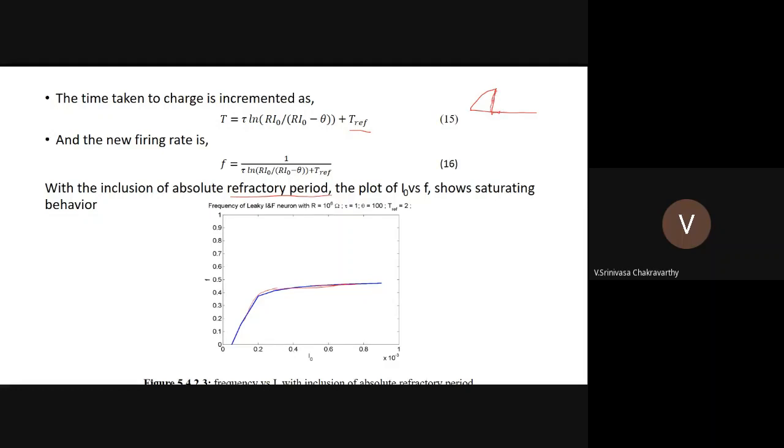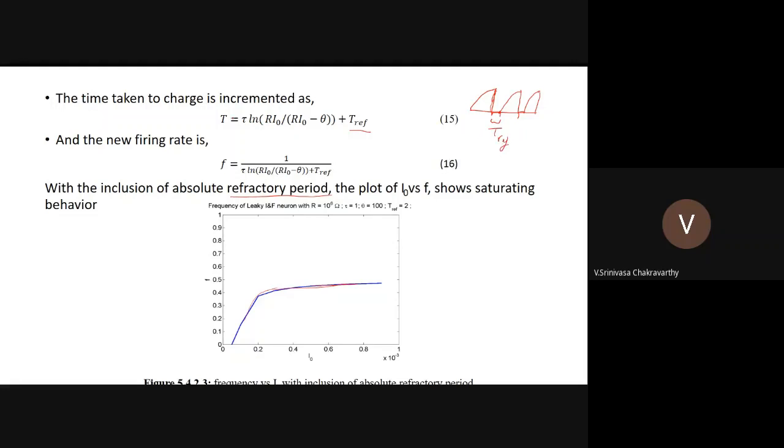So they added this constant value. It will start charging up only after this small delay. Because of this, you cannot decrease the spike to spike interval indefinitely. It cannot go to 0. The minimum value it can go to is T ref. So that puts a cap on the firing rate.